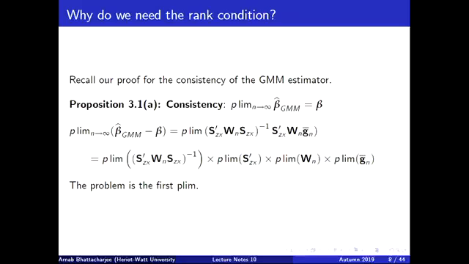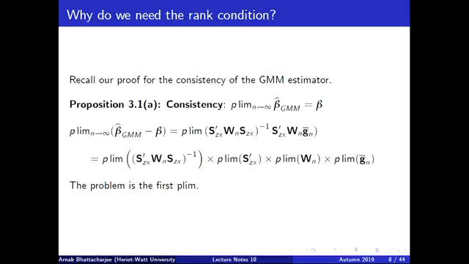Where do we have a problem with the rank condition? Well, this guy here. Why? You see, there is a ZX here as well, but that is not a huge problem. It is a huge problem here. Why?